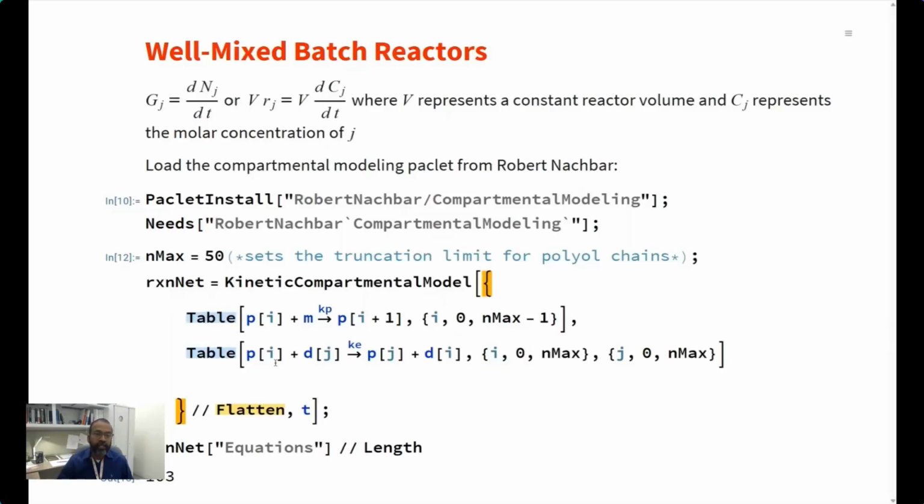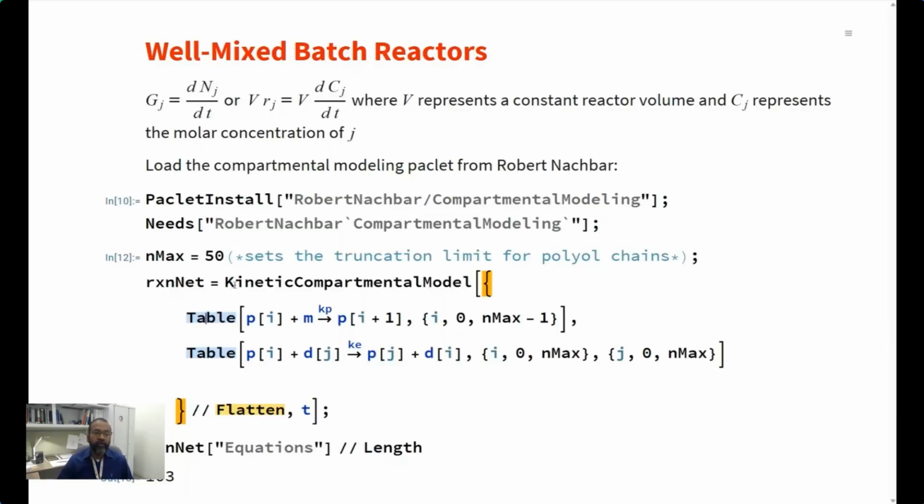In the exchange reaction, an active chain P of I abstracts a proton from a dormant chain and becomes a dormant chain D of I. And when that happens, the dormant chain D of J becomes the active chain P of J. And again, this is iterated using table over all values of I and J from 0 to the truncation limit.